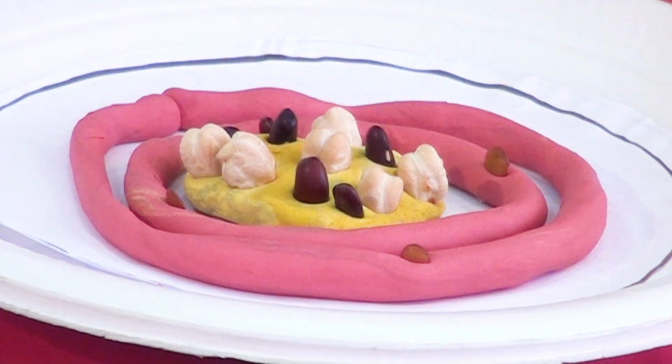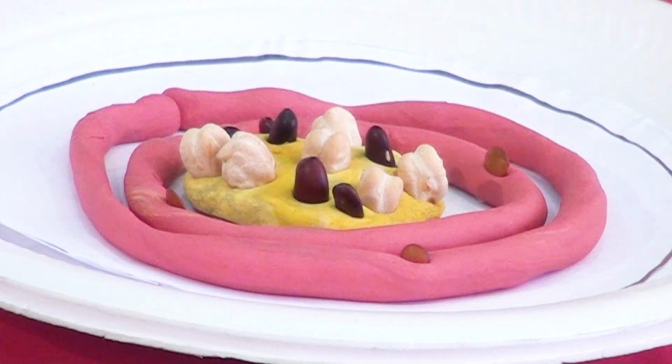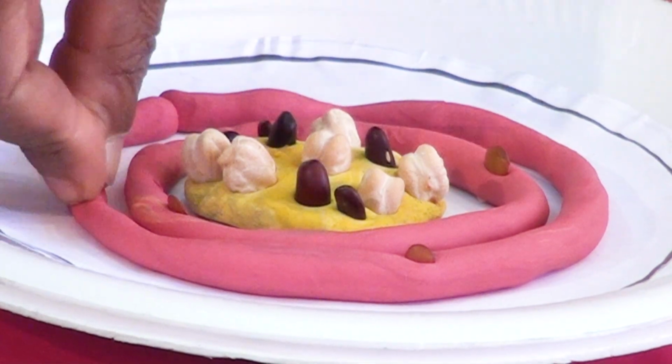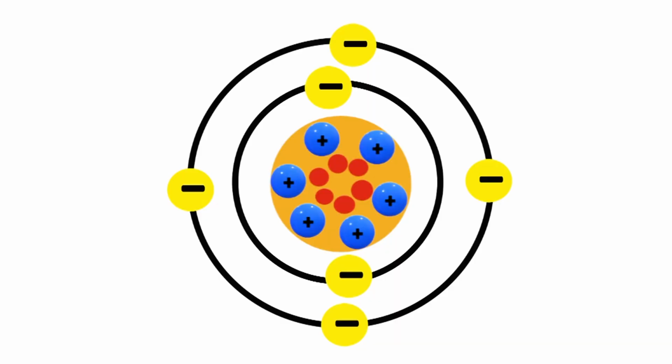So it means we need how many electrons in our shells? We need 6 electrons. So 6 electrons, we already have 2 on the first shell. We have 1 in this shell, so we need to get 3 more. So again, we have 2 on the first shell, 4 on the second shell.